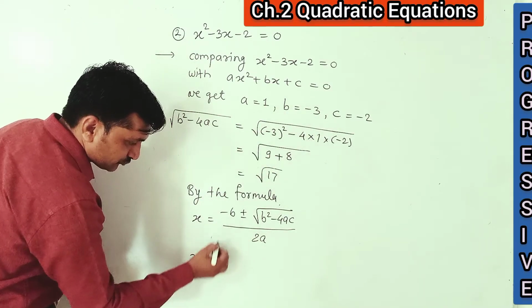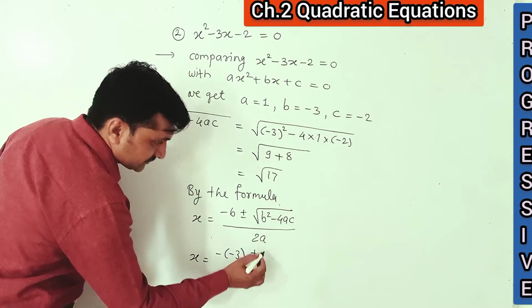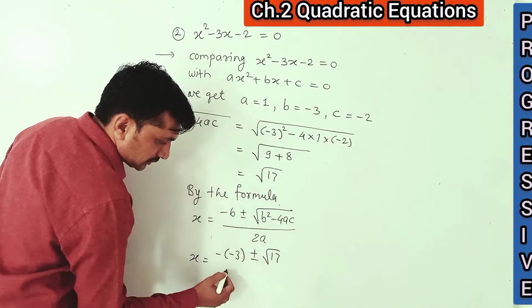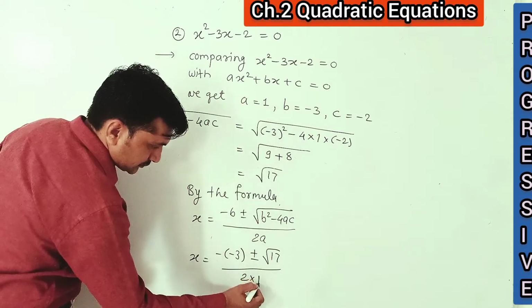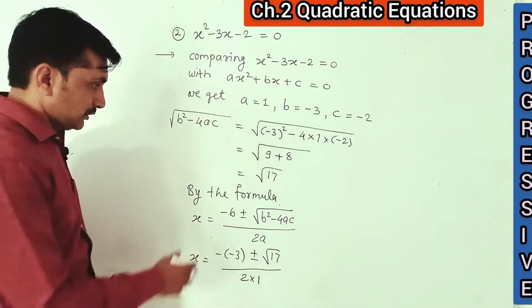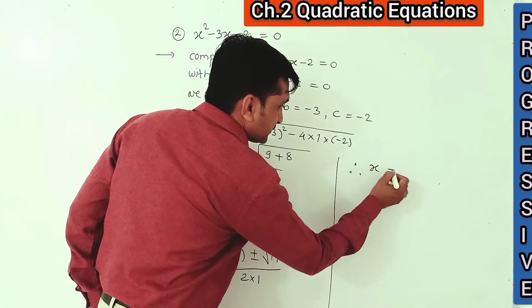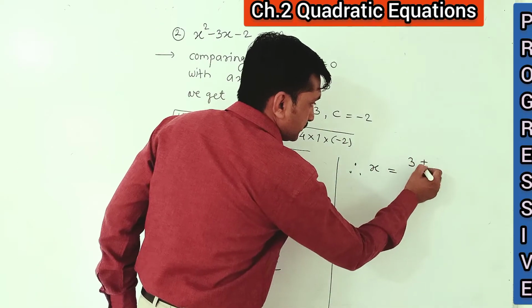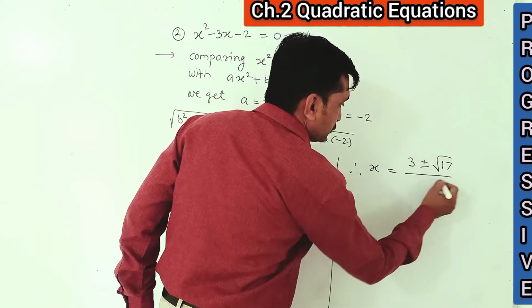So this minus sign is from the formula and b value again in bracket, plus or minus root 17 upon 2 multiplied by a value 1. Write these values correctly. Therefore, x is equal to minus minus plus 3 plus minus root 17 upon 2 ones are 2.